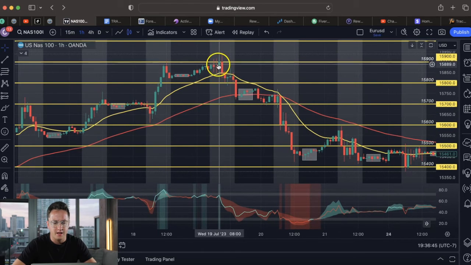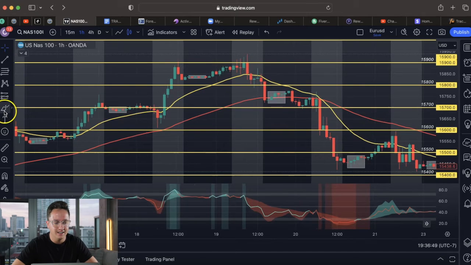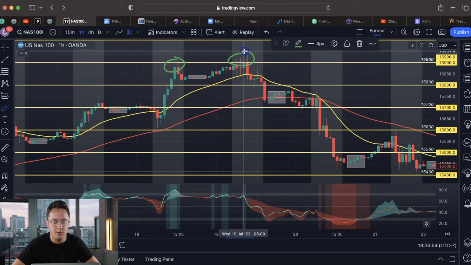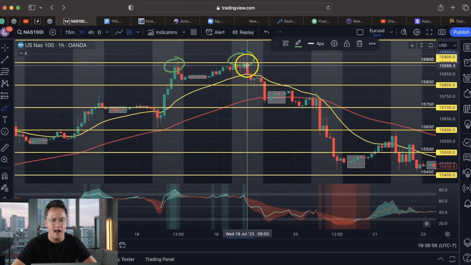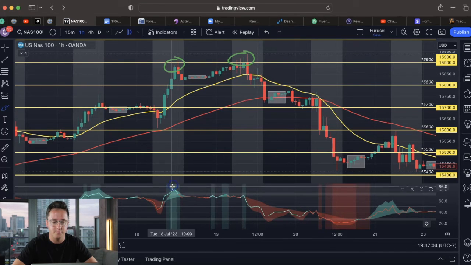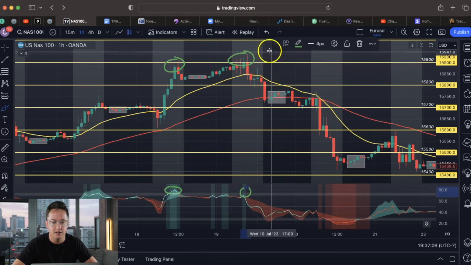Okay. Here is a prime example. We didn't even need to go and find it or anything. Look, we have our high right here, resistance, then our high right here. Very nice example. After this 1 hour candle closed bullish, people are definitely expecting this thing to rally up. But then let's go and see the data. We have that high right here, and then we have that high right here.